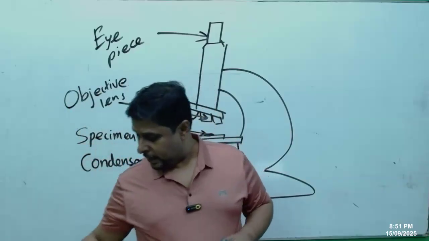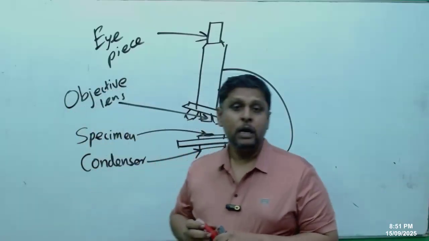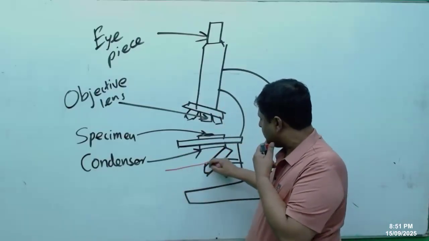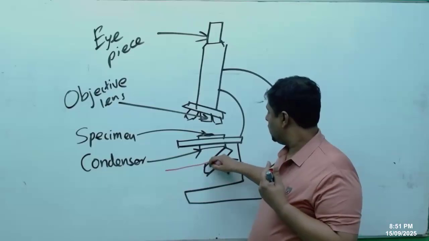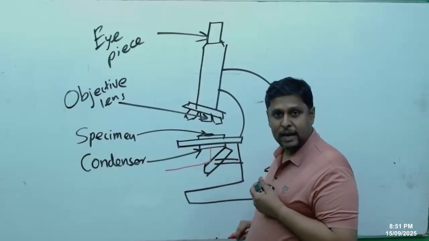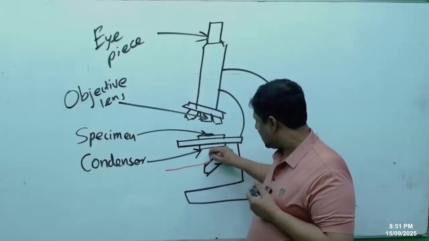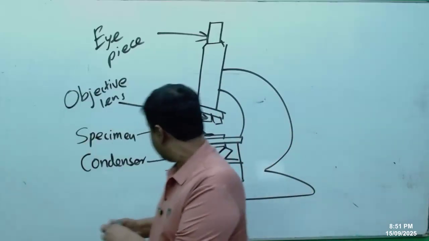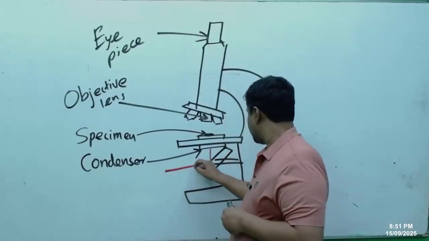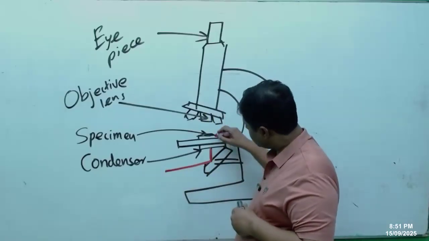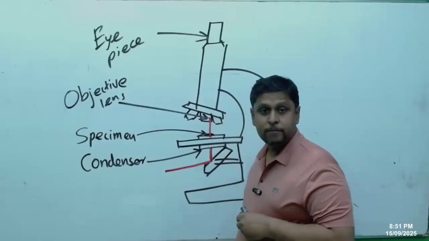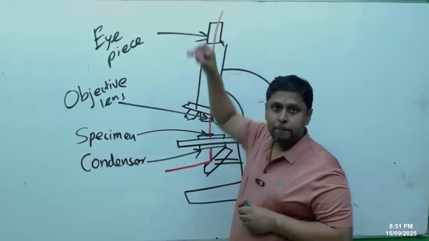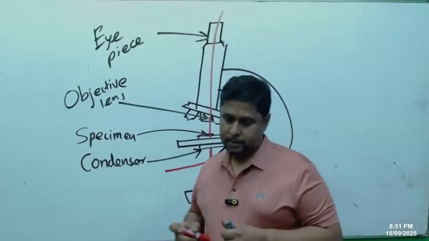So the light is reflected on the mirror, passes through the condenser lens, then through the specimen, then enters the objective lens, and then passes up to your eye.